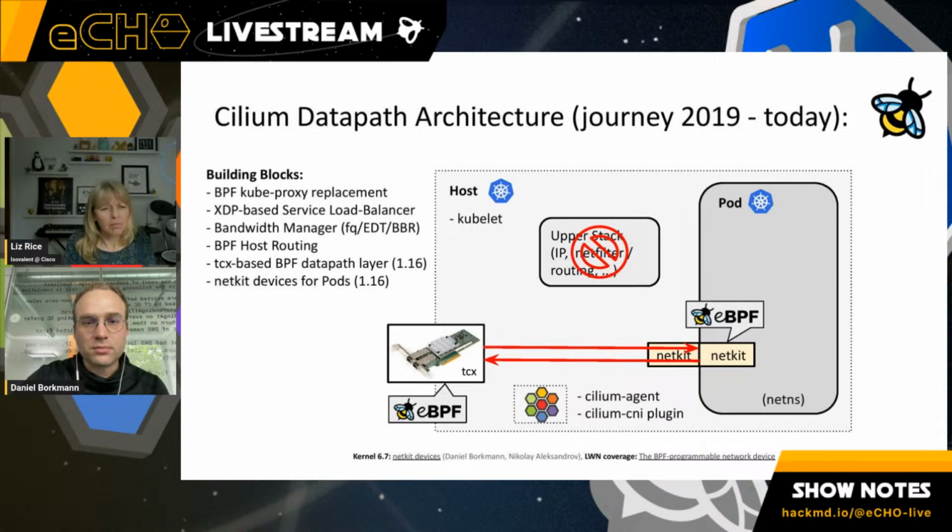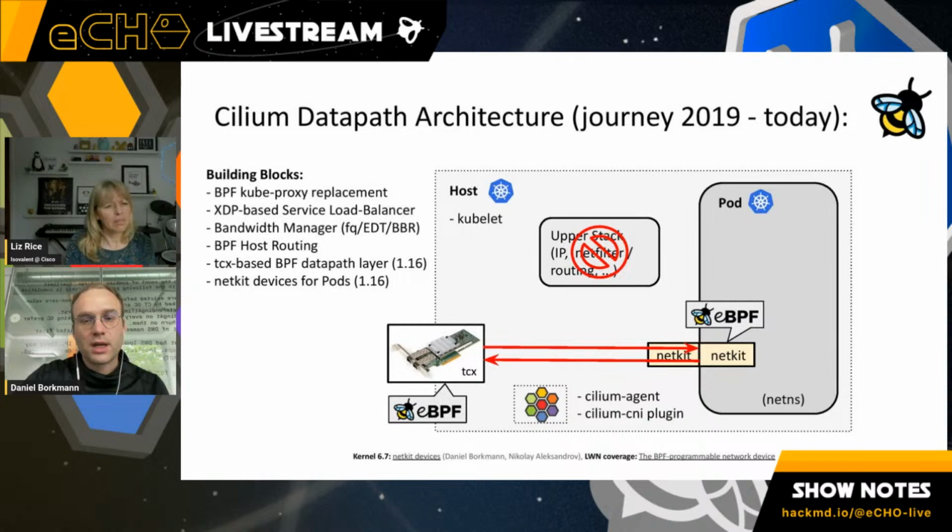And instead of going to the upper stack, where you have the kernel forwarding layer, where you have netfilter and various other things, you can directly forward the packet to the network card, which then pushes it out of the node. And the same for the input path. And the BPF program is sitting on the netkit peer device, so inside the pod, but inaccessible from the pod. So I think that's probably a high-level overview.